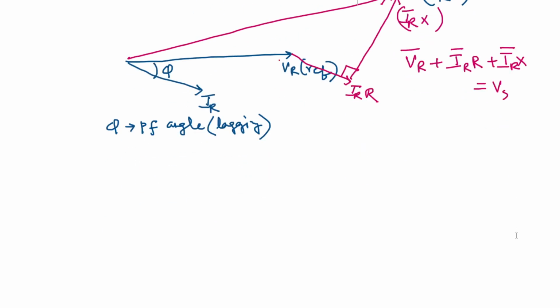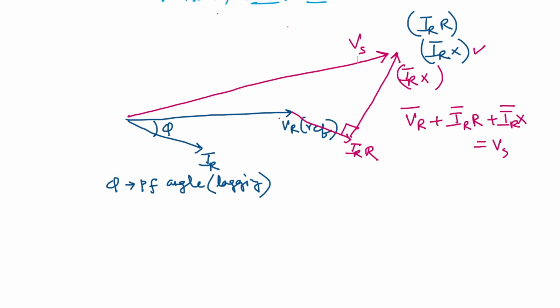From the phasor diagram, you can derive something interesting. You extend this line like this and drop a perpendicular.